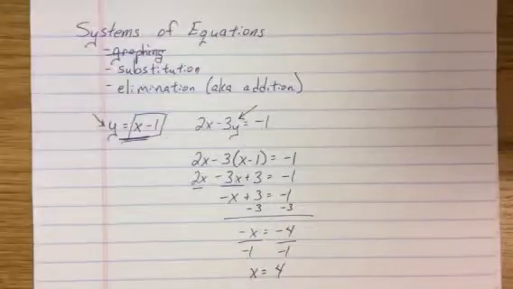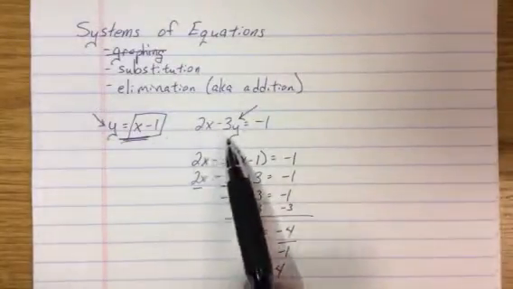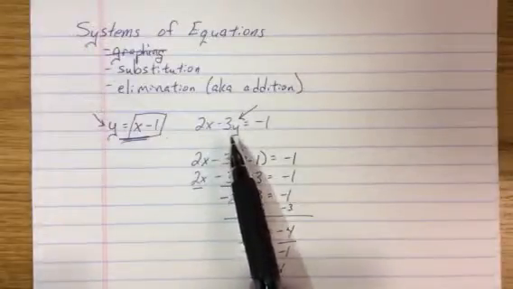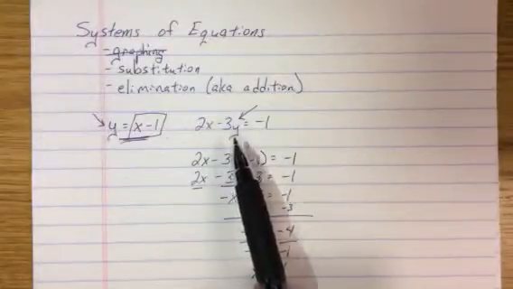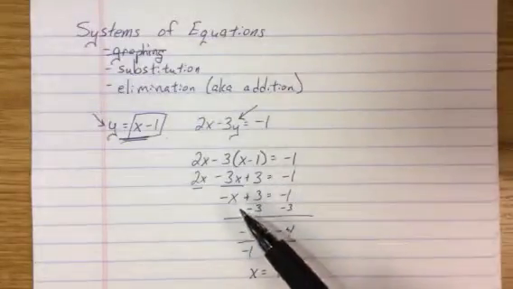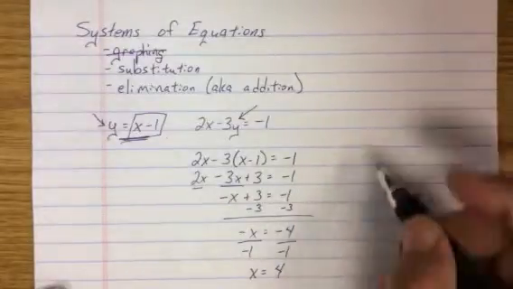Now, I am not done, because each equation represents a line. If you have two lines on a graph, they cross at a point, and each point has a coordinate. It has an x value and a y value. So once I get the x value, I need to go back up, pick one of the equations, and plug the x in.